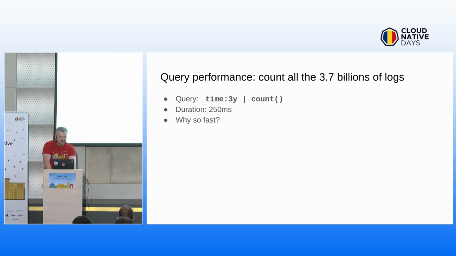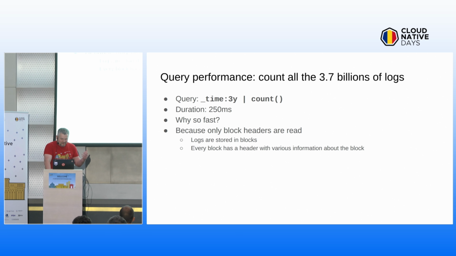And why is it so fast? Any guesses? Yeah, probably you guess that it maintains a counter of logs inside the database, and the answer is no, it doesn't maintain such a counter. Instead, it stores meta information in block headers. It stores logs in blocks, and every block has a block header containing the number of logs stored in that block.